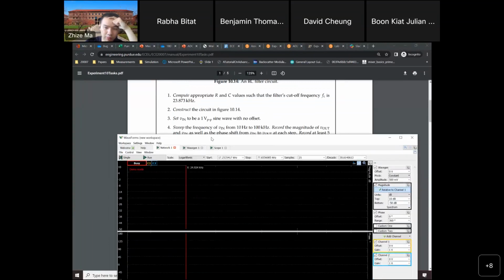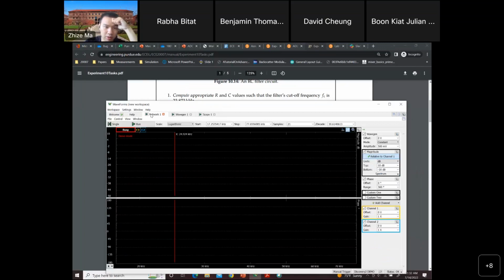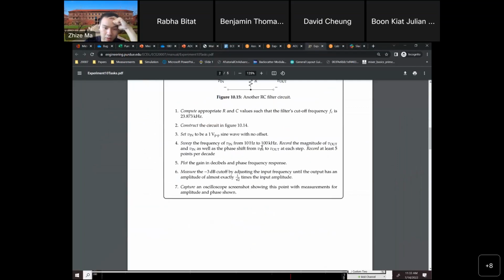Or you can plot the data in other software. The easiest way is just to plot it in Network, and make sure the screenshot has the cursor measuring the -3 dB point. All right, so that's task 1 and task 2.